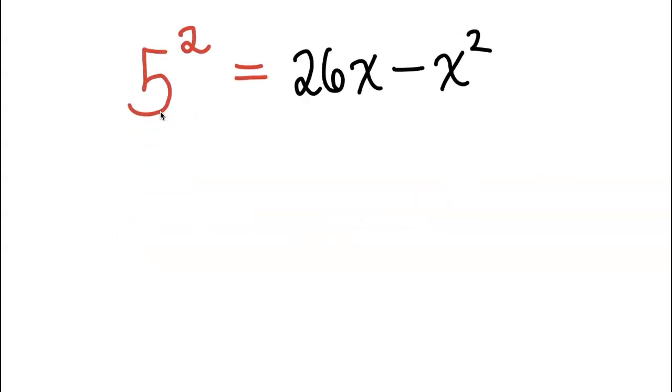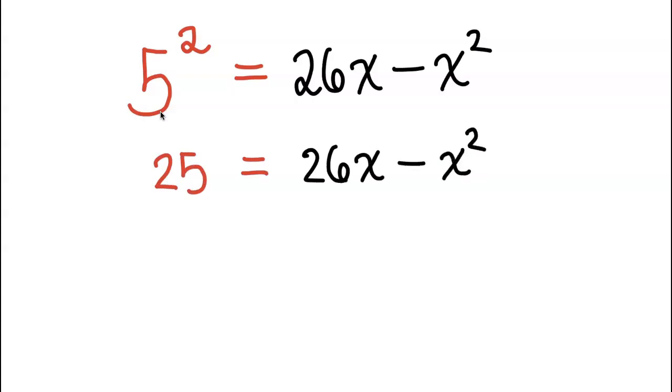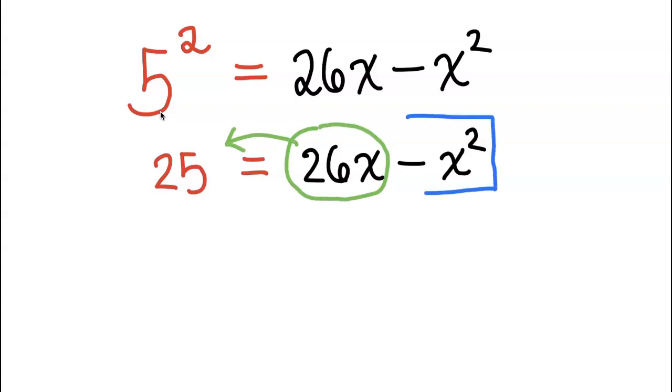5 squared, I can write that as 25, equals 26x minus x squared. But here's what I'm going to do. I'm going to move everything to the left-hand side so that we can solve for x. And I notice that x squared has a negative in front.